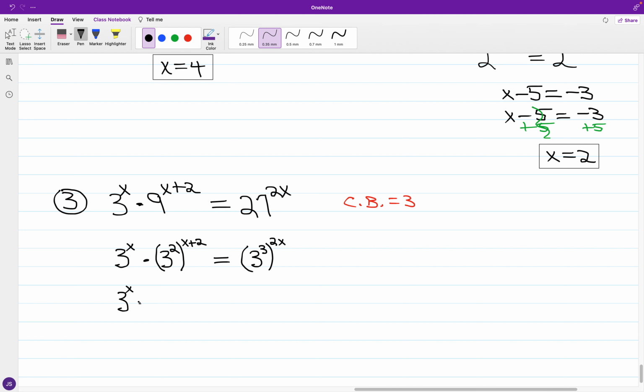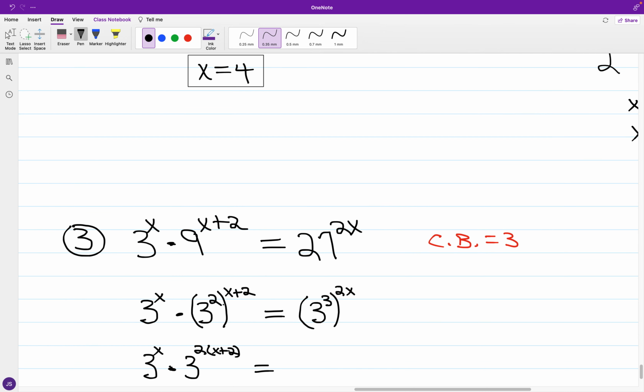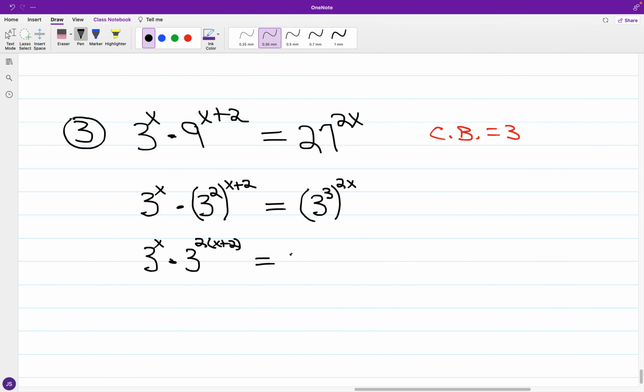So you got 3 to the x, and you have times 3 raised to the 2 times the quantity of x plus 2 power, and that is going to be equal to 3 raised to the 3 times 2x.